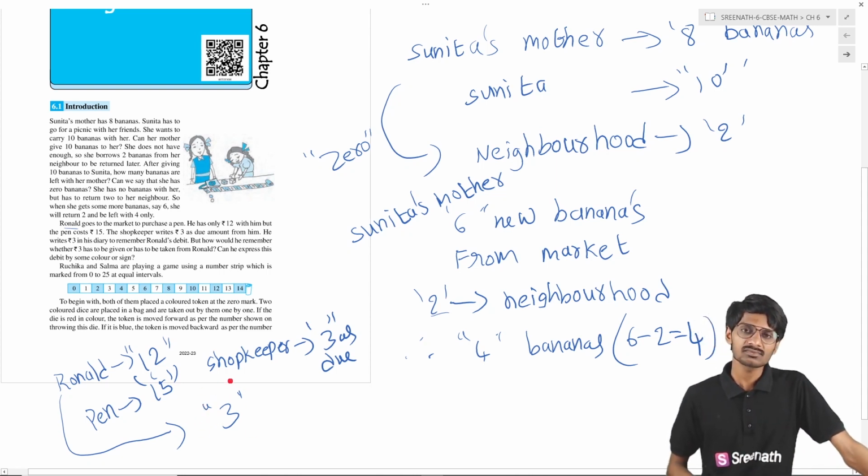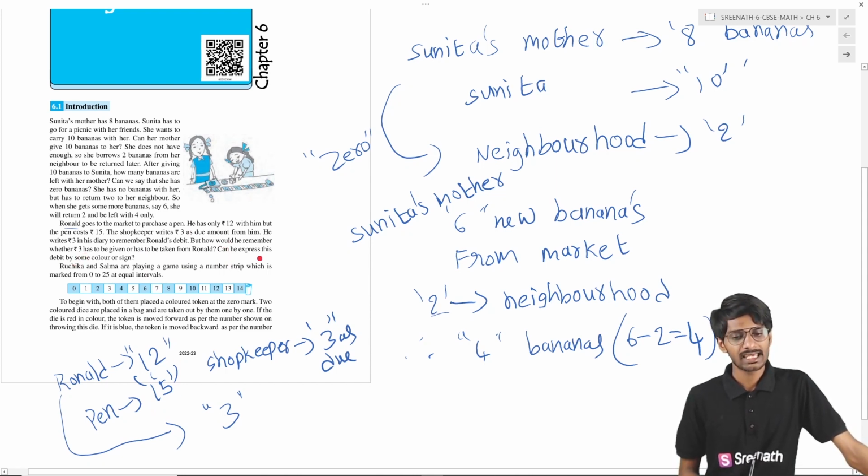So how will you differentiate these 2 situations? How does he have to represent the 3 to remember correctly? This is another situation. Okay, students. Can he express this debit by some color or sign?